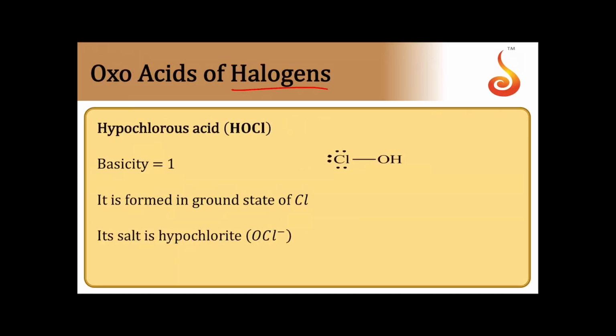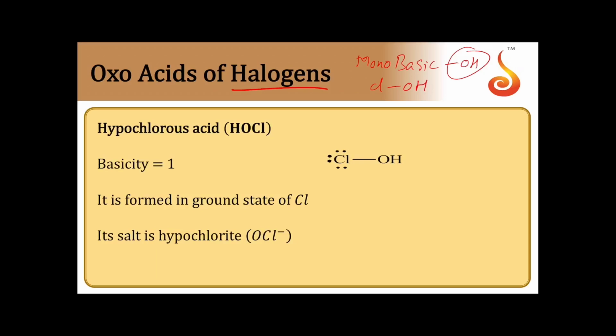Then oxyacids of halogens now. All oxyacids of halogens are monobasic in nature. So all are monobasic, which means all have only one OH group. If you look at the structures, the chlorine has only one OH group, a single bond OH group, because all of them are monobasic.